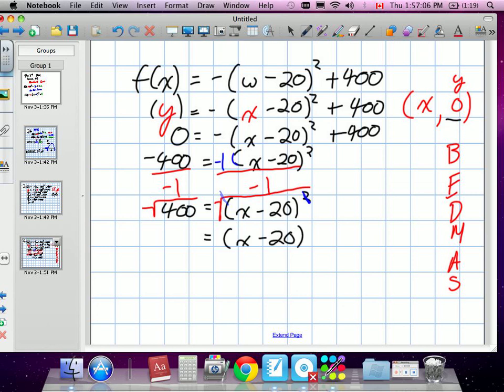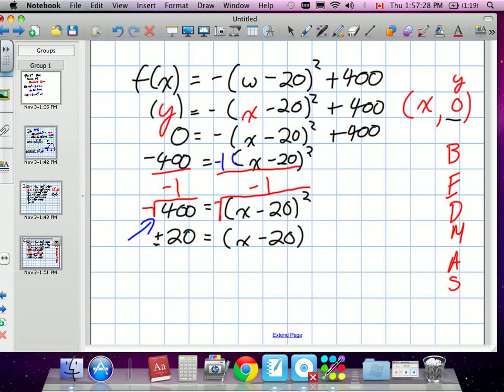But there's one other thing. There are 2 answers to that: 20 positive and 20 negative. If I multiply negative 20 times negative 20, I get 400, and if I multiply positive 20 times positive 20, I also get 400.